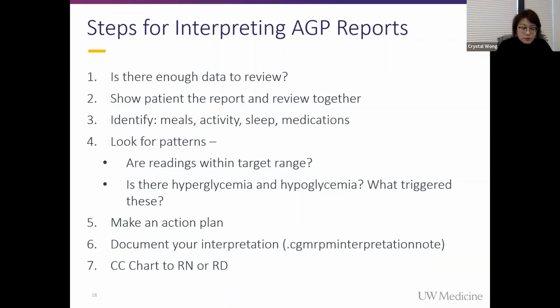Is that the largest meal of the day? Is it carb heavy? Are your meds wearing out? What's going on there? Where do we need to adjust things? Are there times where you're having hypoglycemia? What triggered that? And then based on your interpretation of these curves, you can make an action plan.